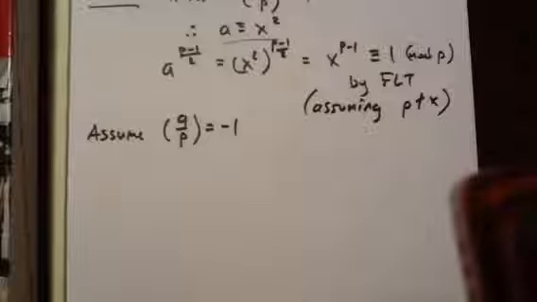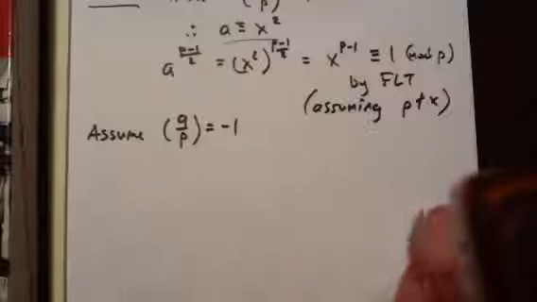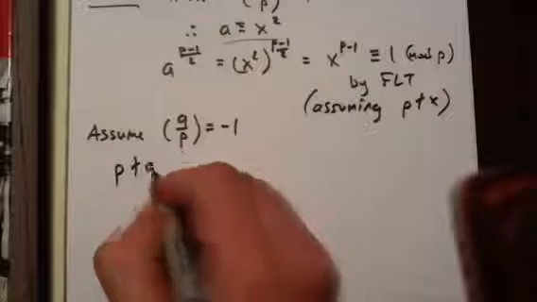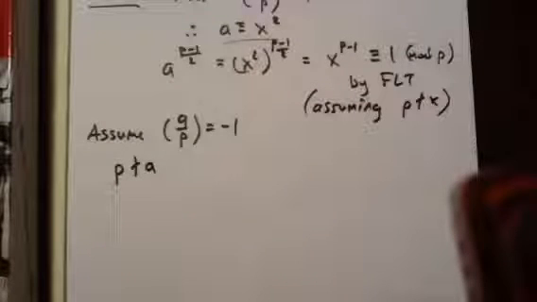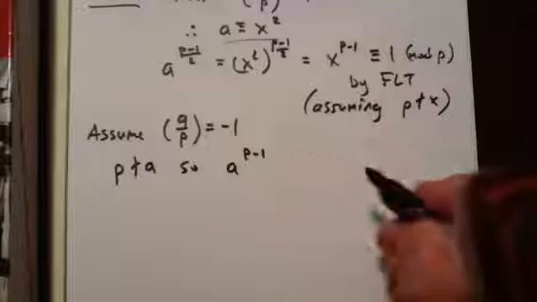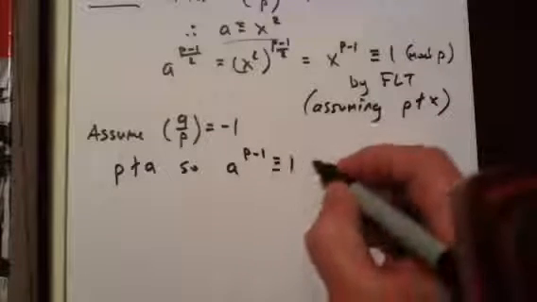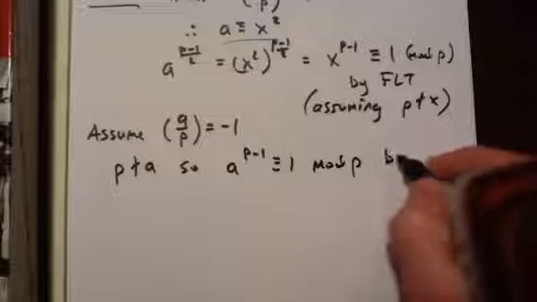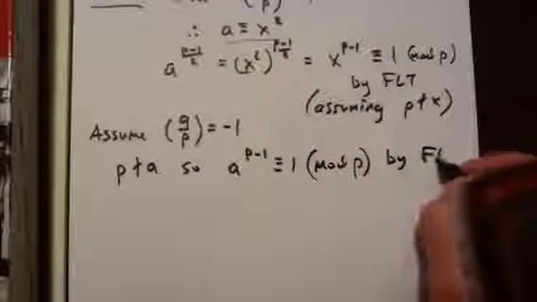So again, we have that p does not divide a, so a to the p minus 1 is congruent to 1 mod p by Fermat's little theorem.